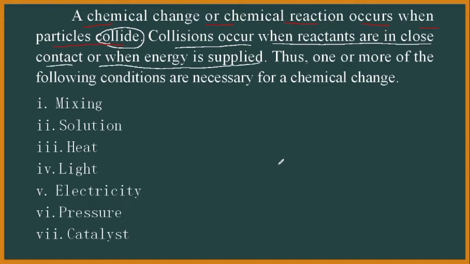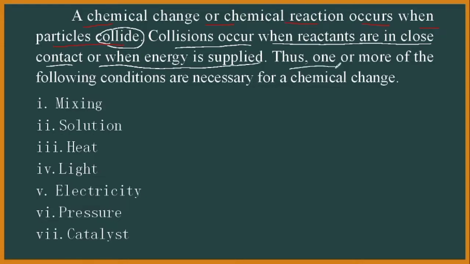Without contact we cannot say collision, right? For example, if you and your friend met with an accident suddenly, we call it a collision. Why? Because when you met with the accident, your body touches your friend's body, so we call it a collision.